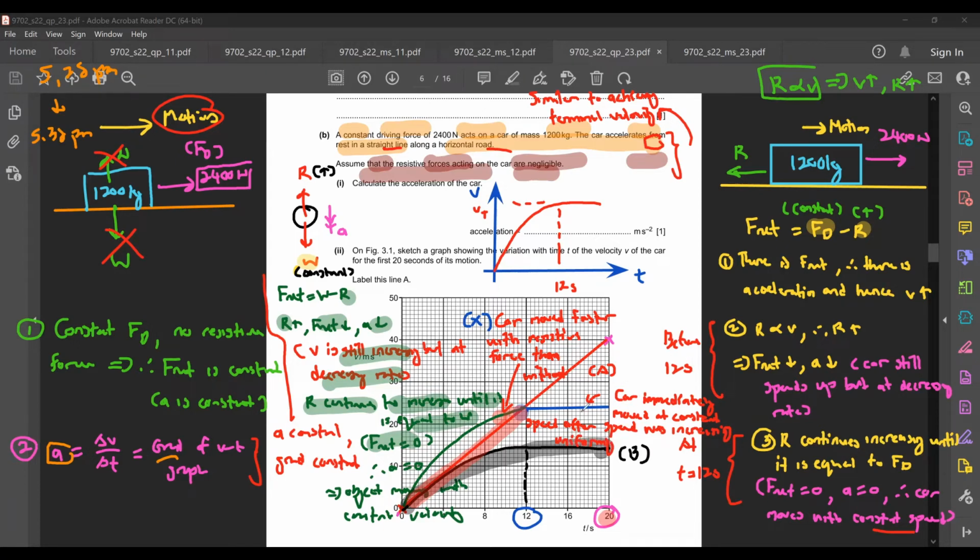Okay, so B is wrong because it's saying that the car immediately moved at constant speed after speed was increasing uniformly. So this is wrong.